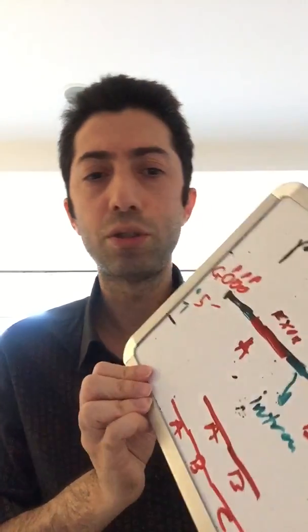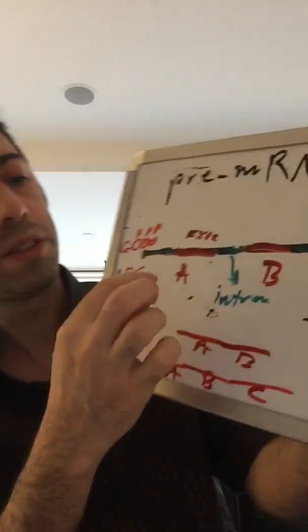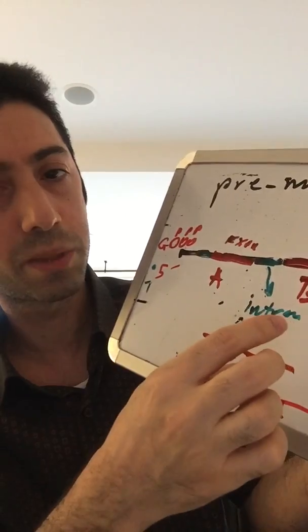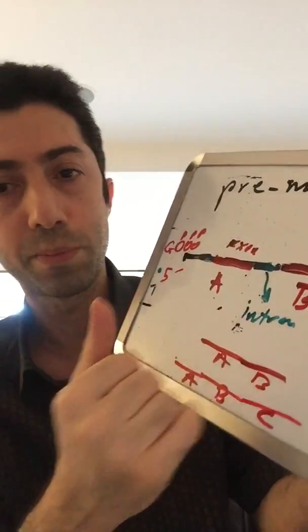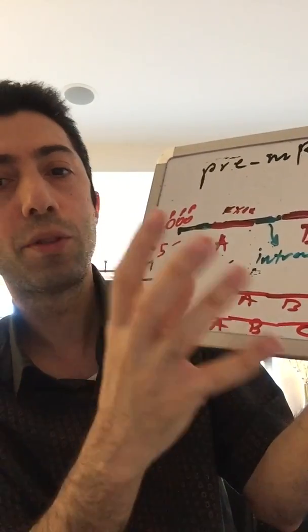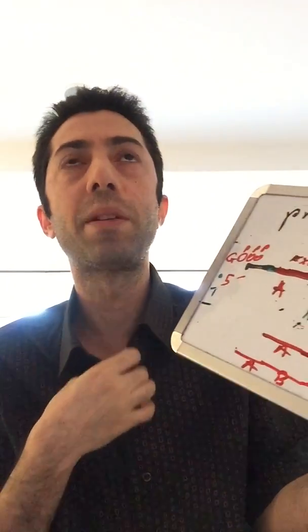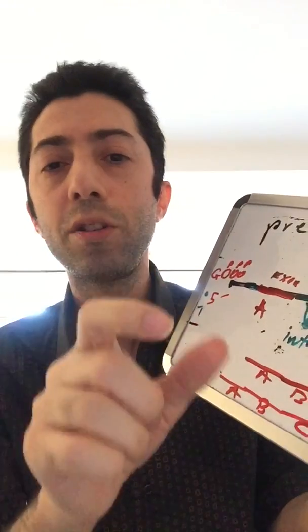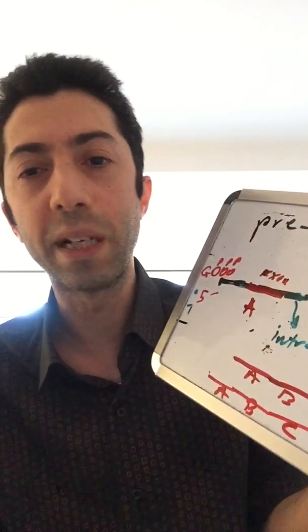So I tried to make yesterday's and today's lesson clear for you. Remember, the exons are the ones that are expressed, and splicing causes the introns to be cut off and degraded. And what else can I say? The proteins have domains. For example, an enzyme has a catalytic domain or binding domain, different domains.